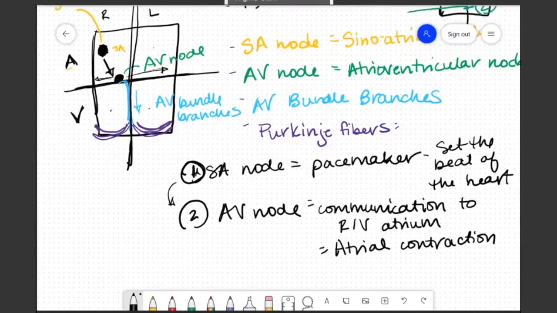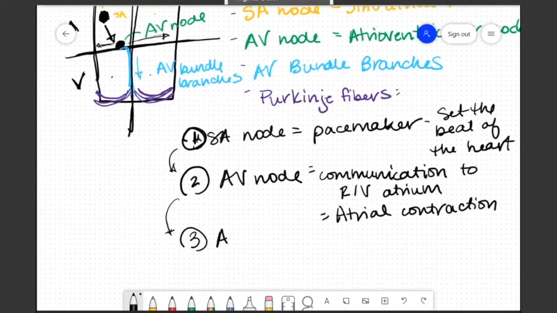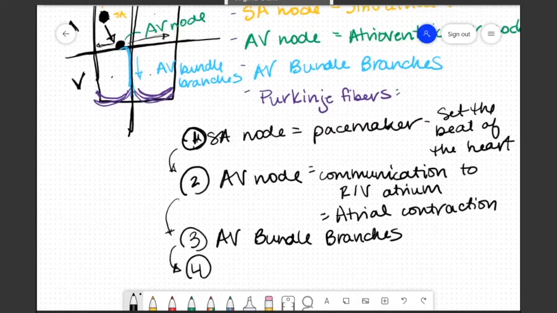Then that communication goes from your AV node down through your 3rd step, which is your AV bundle. And as it's going down through these AV bundle branches, it's just traveling down the highway. What we are aiming for is the 4th step, which is actually going to be having the communication go through the Purkinje fibers.